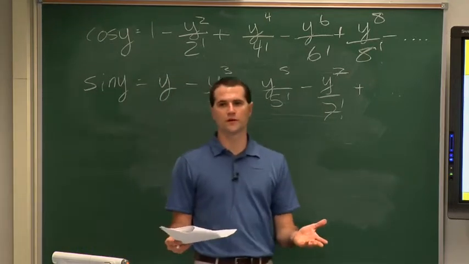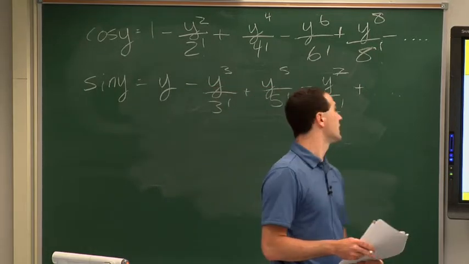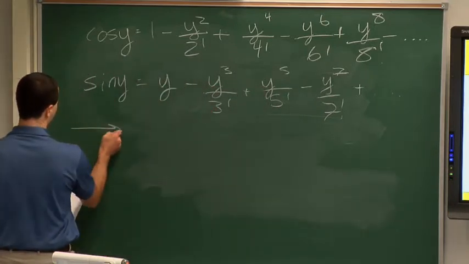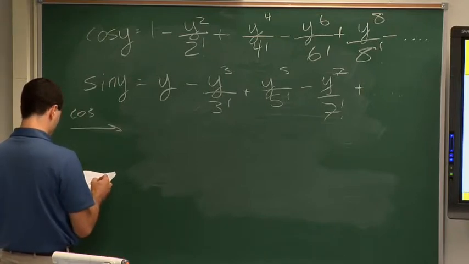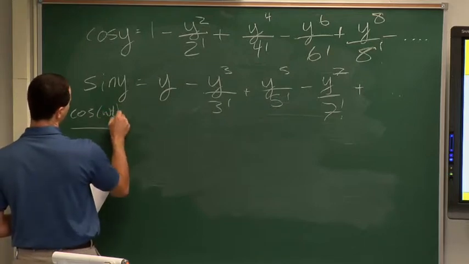So now for the cosine and sine, I'm actually going to plug in omega t, not i omega t. And so for the cosine function, this is cosine omega t.